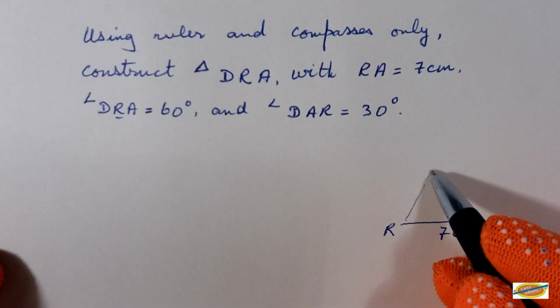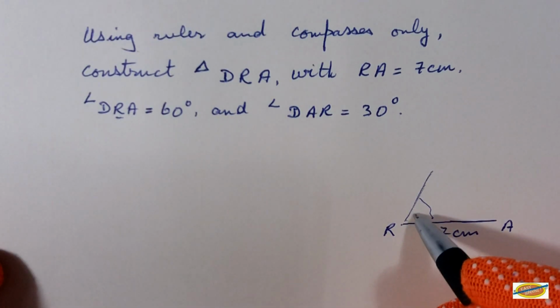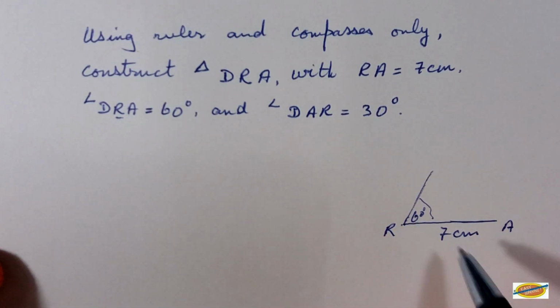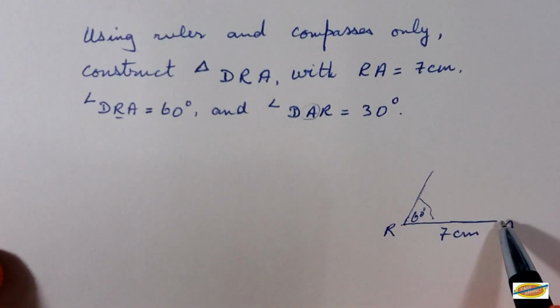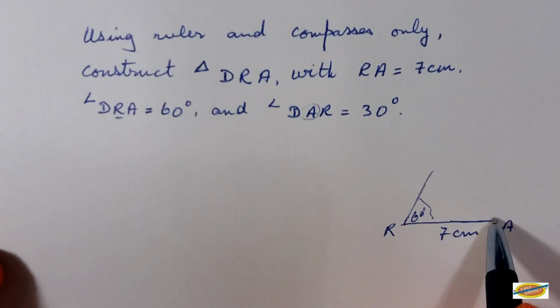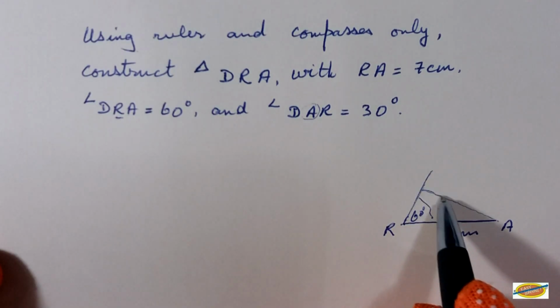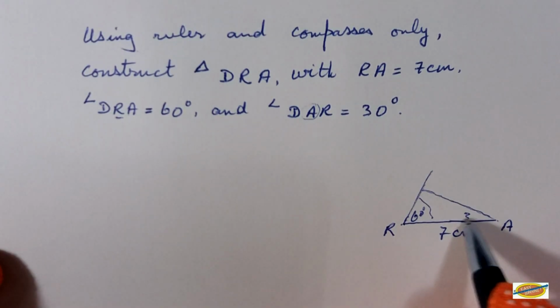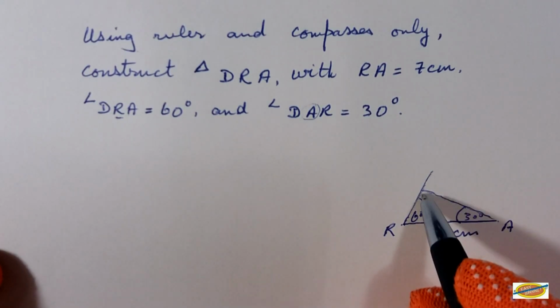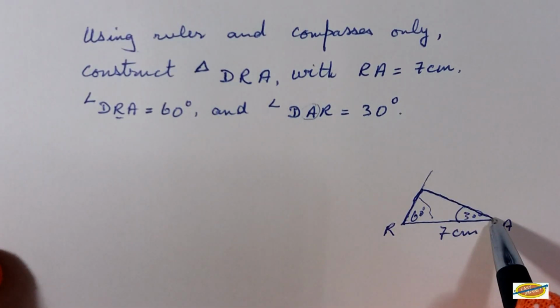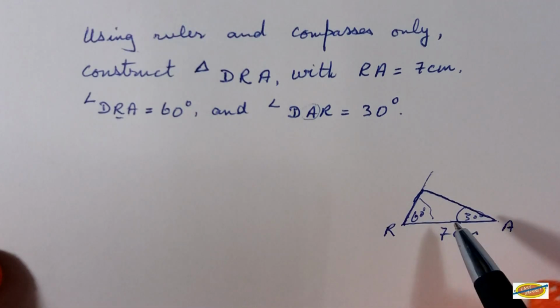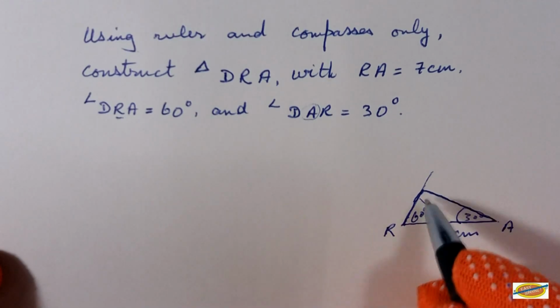This is 7 centimeters. Angle DRA, which means at R, we will construct 60 degrees. So something here, 60 degrees. And DAR, which means at A, we will construct 30 degrees, which may be something like this, 30 degrees. So our triangle eventually will look something like that with D up here.